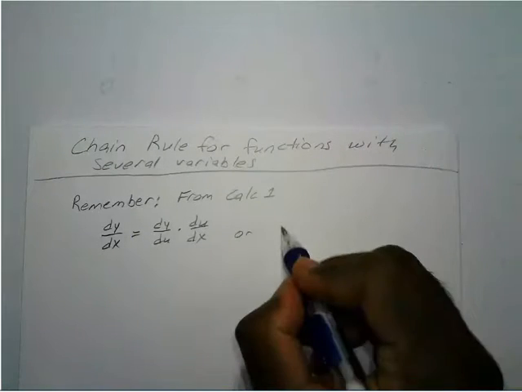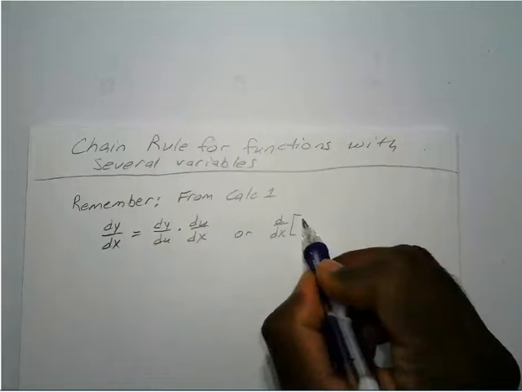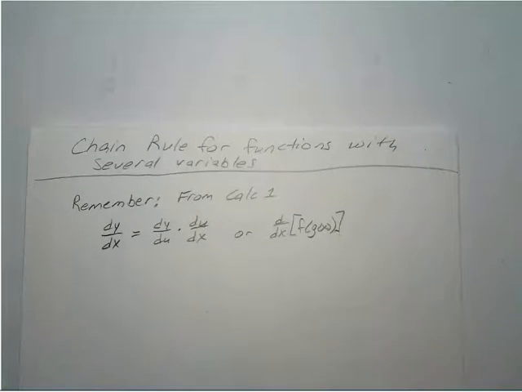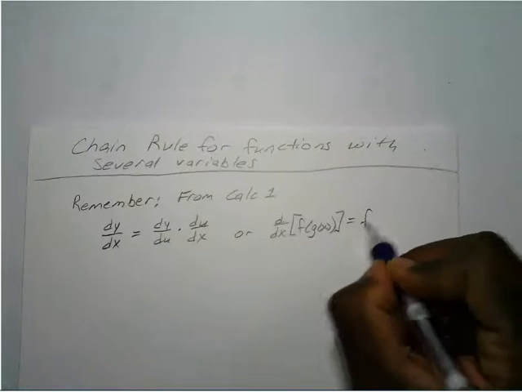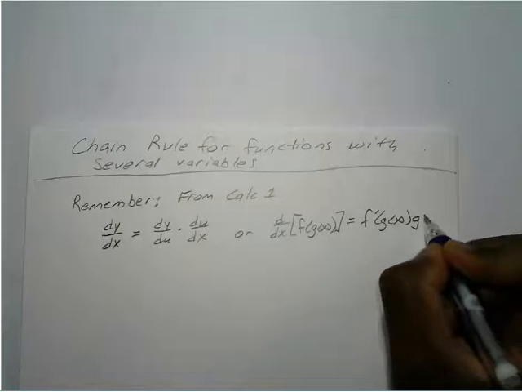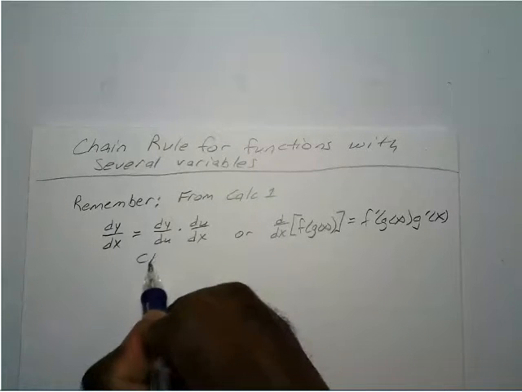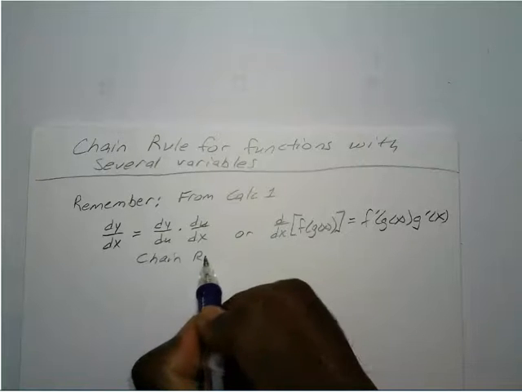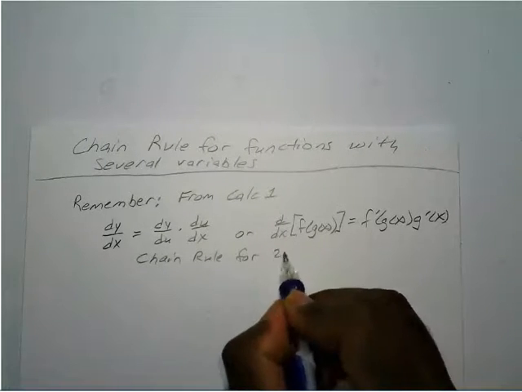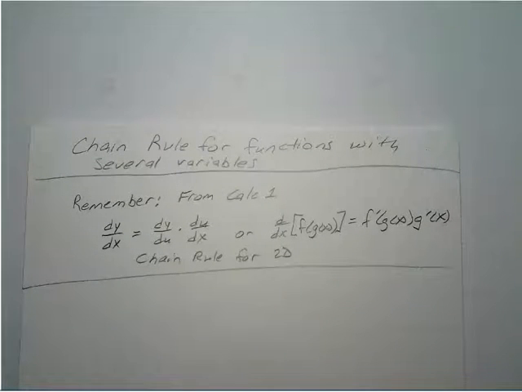Or, the derivative with respect to x of a composite function, f of g of x, is equal to f prime of g of x times g prime of x. So again, your chain rule for your basic two-dimensional real valued function.